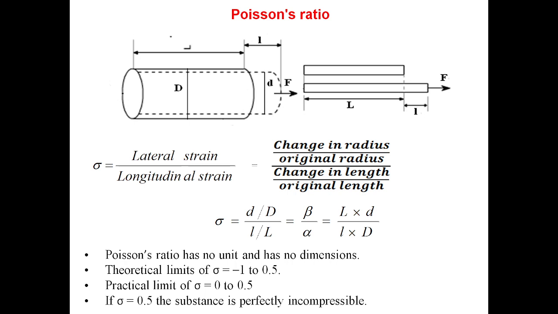The theoretical limit shows that sigma ranges between -1 to 0.5. The practical limit of sigma is 0 to 0.5. If sigma is equal to 0.5, the substance is perfectly incompressible. If the Poisson ratio value is exactly 0.5, the substance is perfectly incompressible. Elastic deformation.